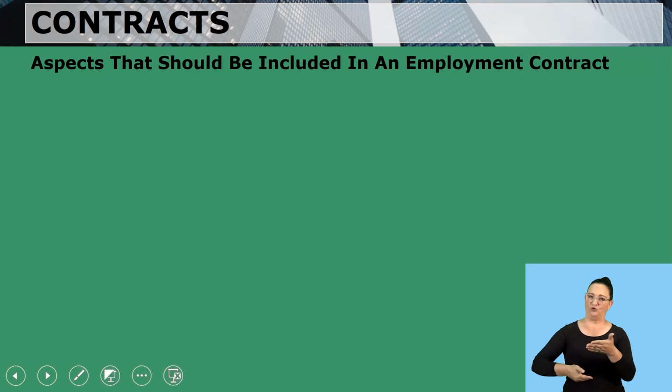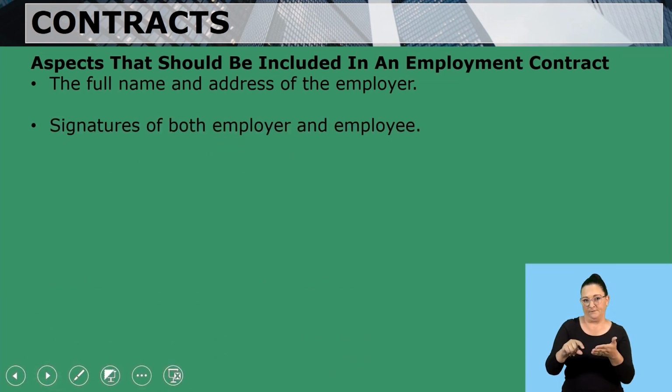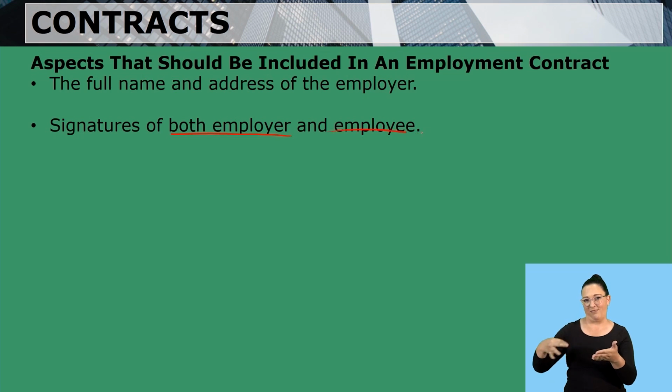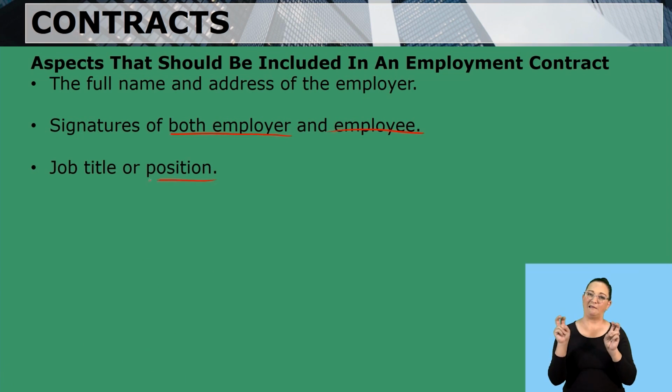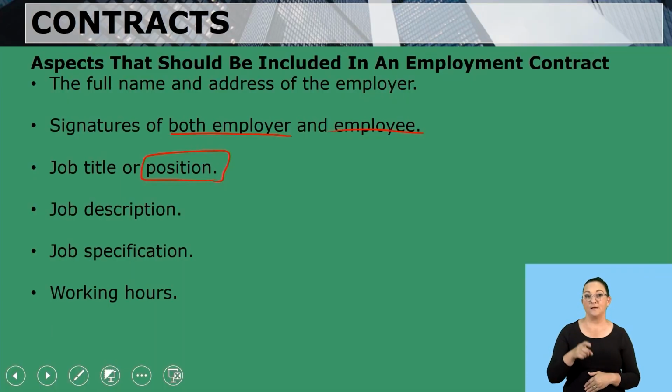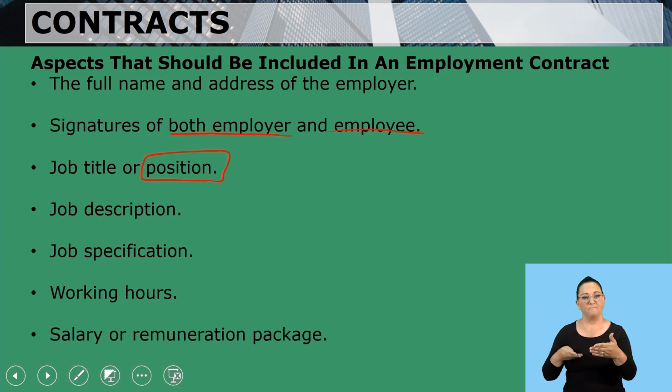Then let's check what must be included in that employment contract. Firstly, the full name and address of the employer must appear. Signatures of both the employer and the employee. We must also see the job title or the position. So in other words, when I read the contract, I must know exactly what job they are talking about. Then there must be a job description, a job specification, as well as the hours of work that I need to work.